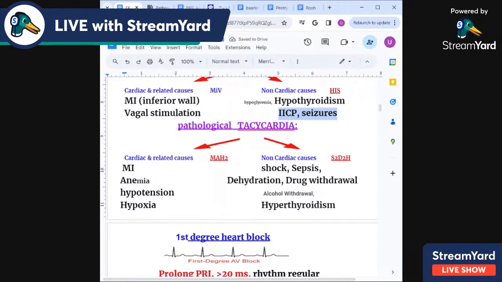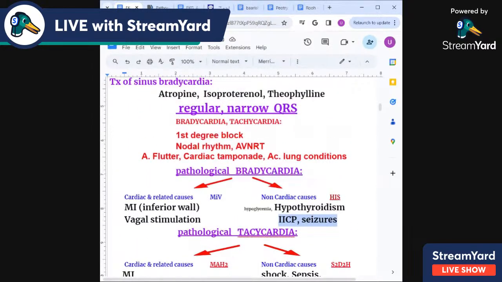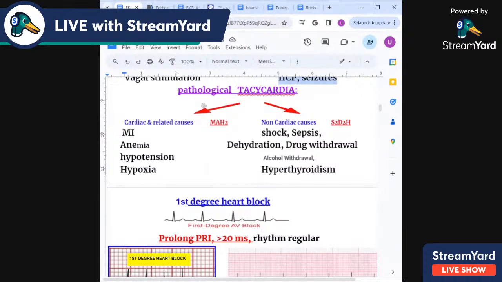and seizures. Now, in the pathological tachycardia, so this was the physiological, and that was pathological bradycardia, now pathological tachycardia. Pathological tachycardia is also divided into two, cardiac-related causes and non-cardiac causes. The cardiac causes for the pathological tachycardia mnemonic is MAH2.